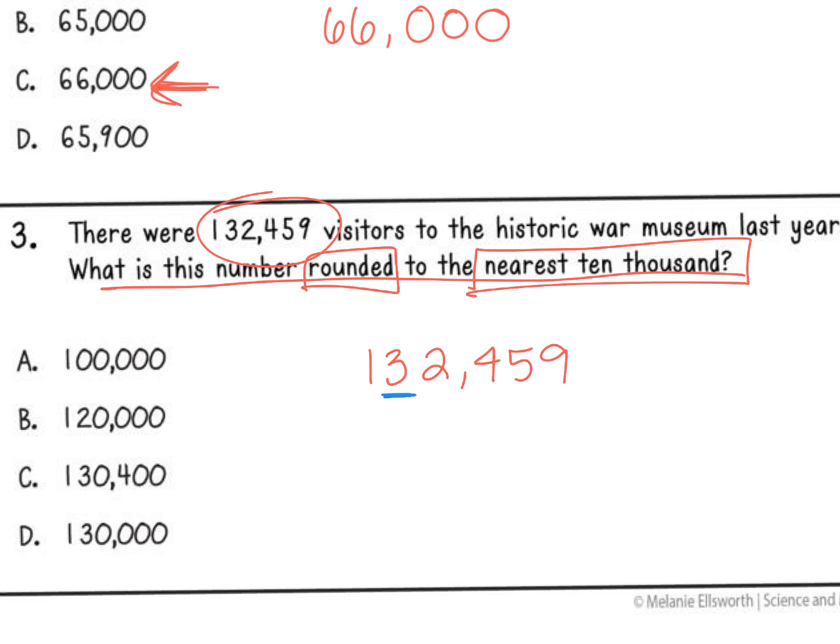So what number is my judge? 2. It's less than 5, so does the 3 stay the same or does it go up? Very good, and everything after becomes a 0. So my answer should be D. Don't be tricked. Okay, now flip over to the estimation practice page.